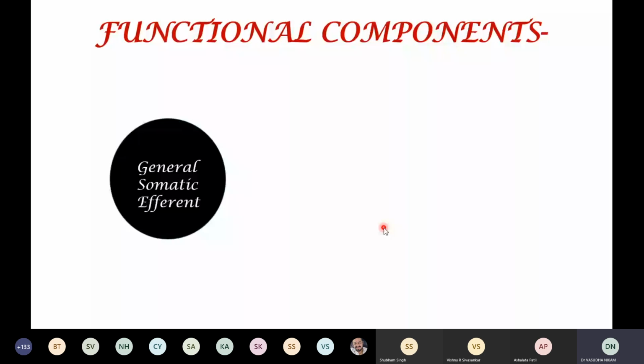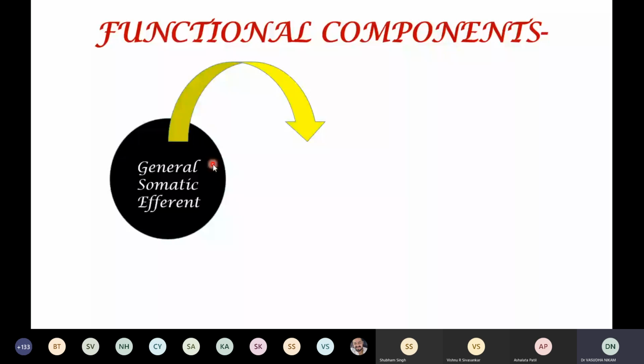Okay. So go to the functional component of the trochlear nerve nucleus. It is classified as general somatic efferent. We have seen various classifications, special visceral, branchiomotor, but here we classify it as general somatic because it is going to supply the muscles coming from somites.